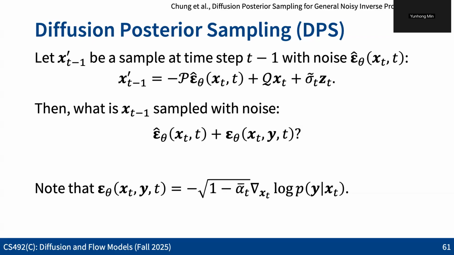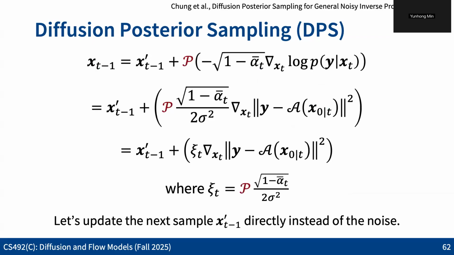And what you can see is that if you already computed the xt minus 1 prime here with the original noise, then instead of adding some kind of noise in the noise prediction, we can basically add this term into the next sample computed with the original noise to sample the new xt minus 1, which is now computed with the addition of the noise.